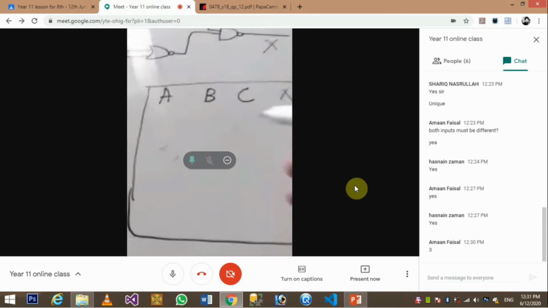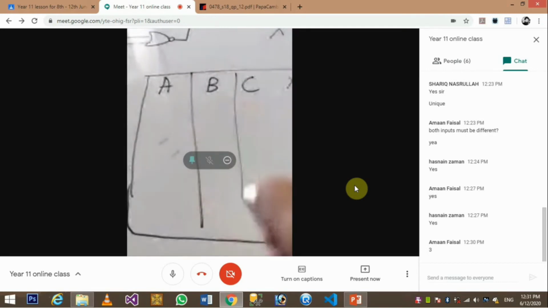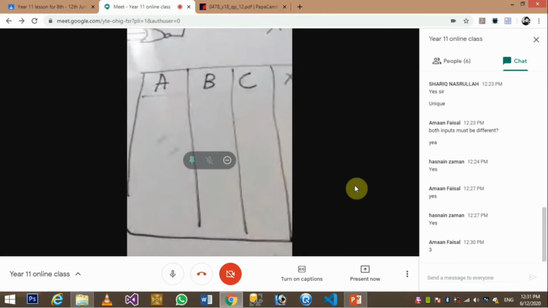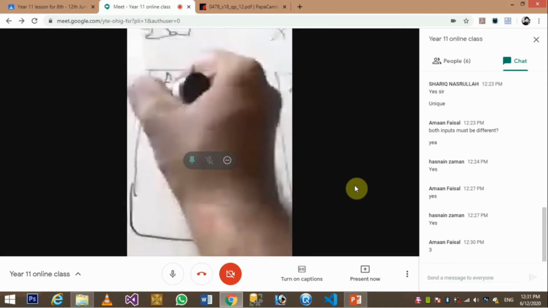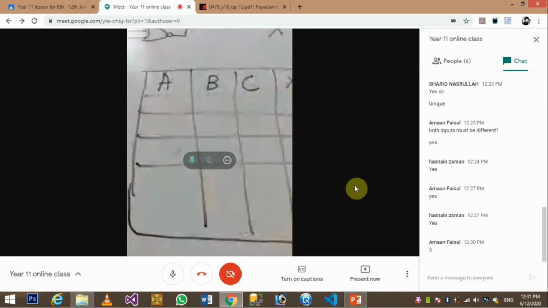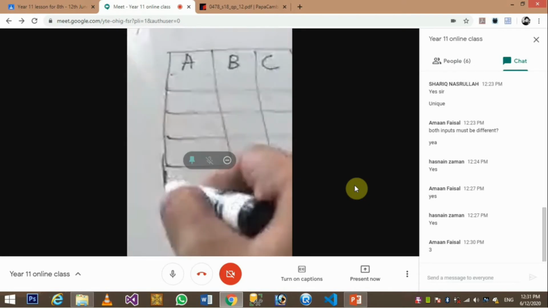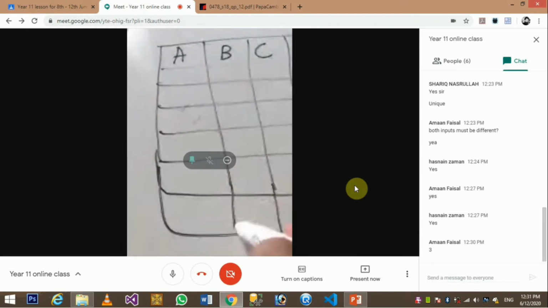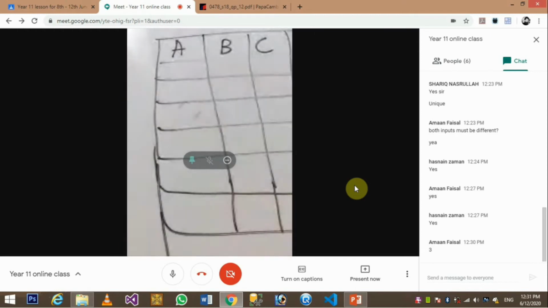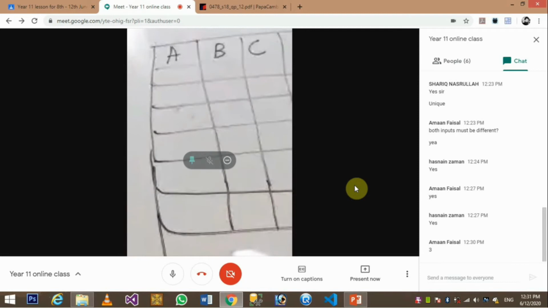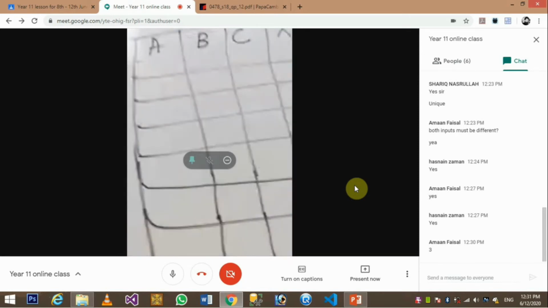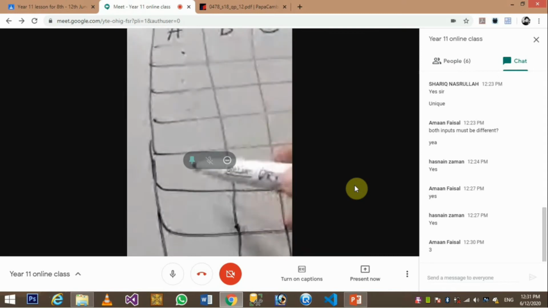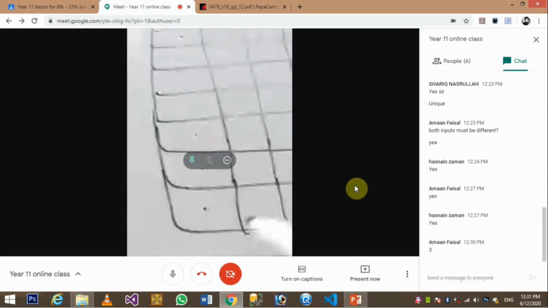So I'm making the truth table of it like this. One, 2, 3, 4, 5, 6, 7, and the last 8.